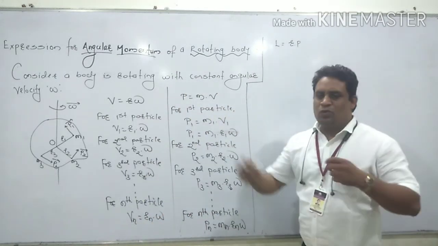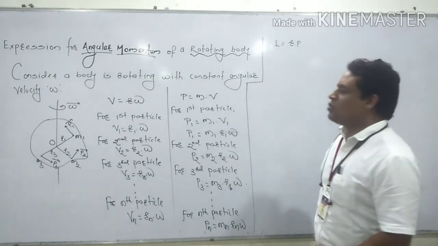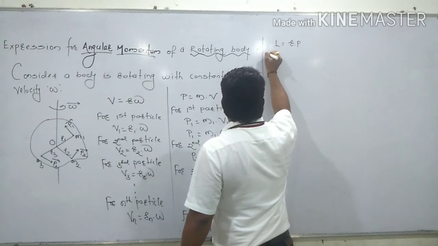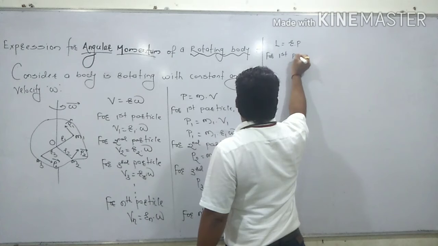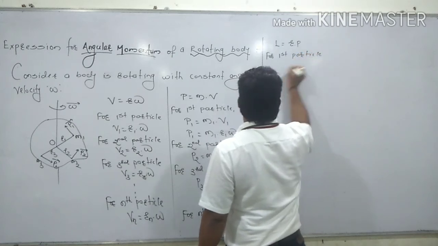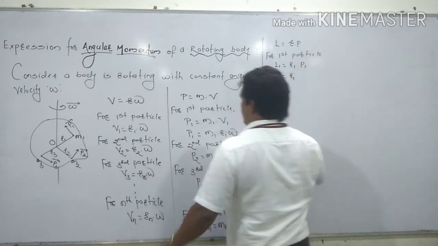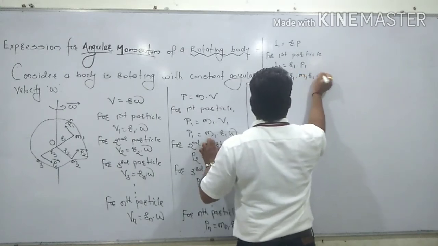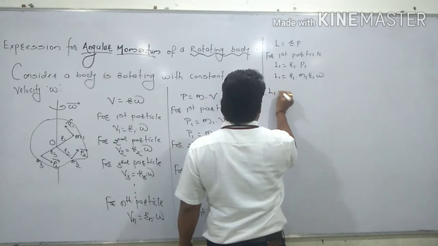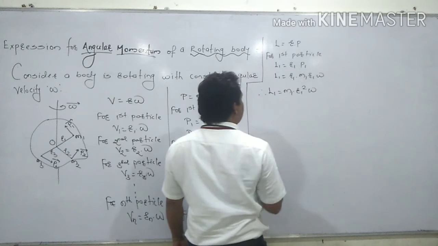So the distance between these two points is R. The formula becomes L is equal to R P. For the first particle, L1 is equal to R1 P1. Now the formula for P1 is m1 R1 omega. So L1 is equal to m1 R1 square omega.